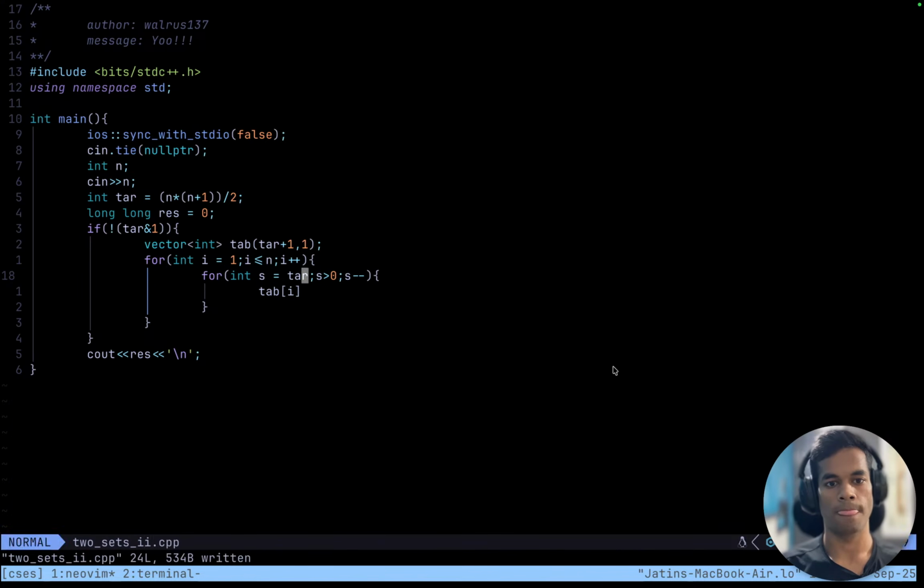target. Yep, using whatever the current sum is, s, how many ways are there to reach that sum using the first i coins?